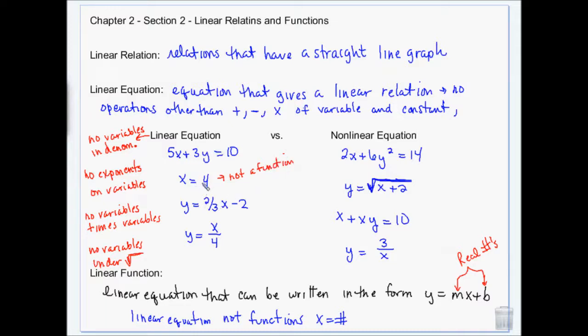These are all functions. This is not, and the reason is that if x equals a number, it's a vertical line. And vertical lines definitely do not pass the vertical line test, because if you put a vertical line on top of a vertical line, it is touching an infinite number of points.